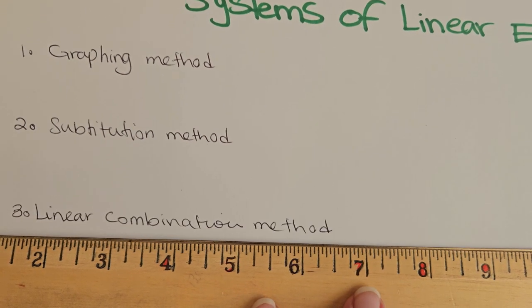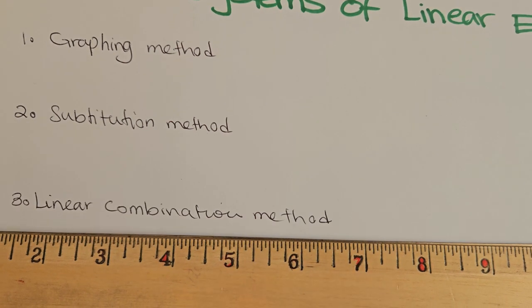The third one would be the linear combination method, which some people call the addition method or elimination method. They all refer to the same thing. Here, the purpose is to eliminate one of the variables.